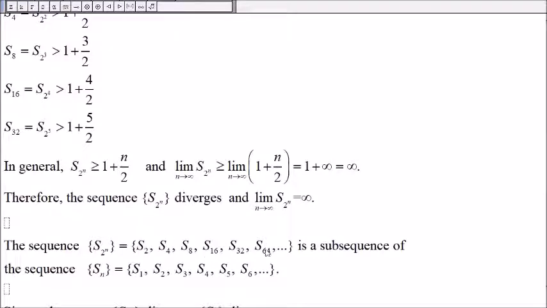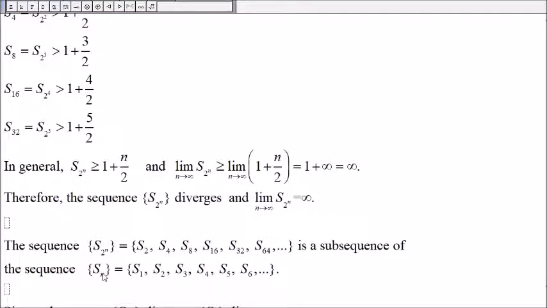Each element inside this subsequence is also in the original sequence. Like s sub 2 is in the original sequence, s sub 4 is in the original sequence, s sub 8 is in the original sequence. So we call the s sub 2 to the n sequence a subsequence of the sequence s sub n.